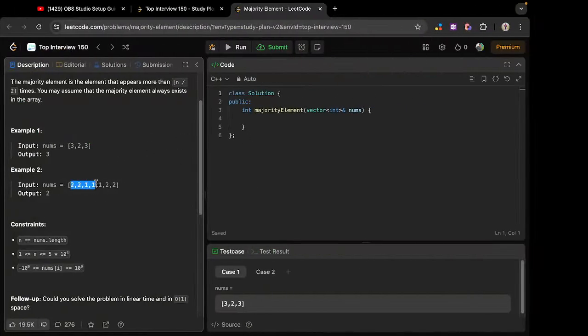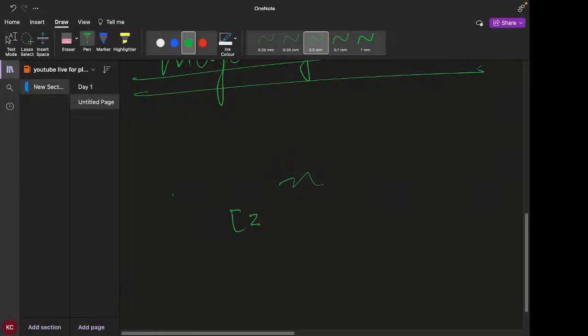Let's say 2 2 1 1 1 2 2. Then I have to find the element. nums is the array and its size, and the output should be, let me see, 2.